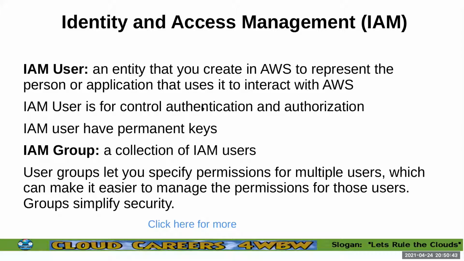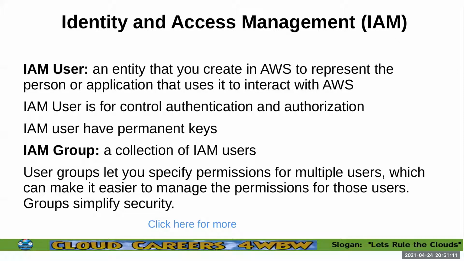Let's define a user. A user is an entity or an identity that you create in AWS to represent the person or application that uses it to interact with AWS. When you create your account, you always create it using your Gmail, and then you have access to that account. That becomes the root account, but it's not advisable to use that.